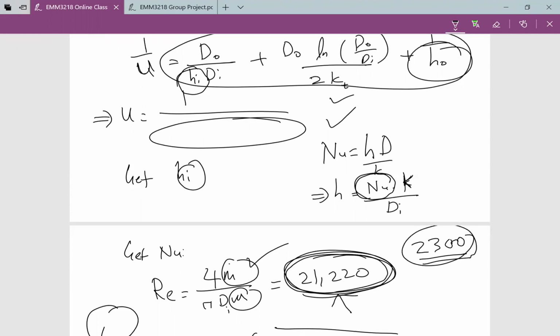So it's turbulent. You look at the correlation from chapter 8, the correlations for internal turbulent flow. I believe I have shared that with you. Can you double check?